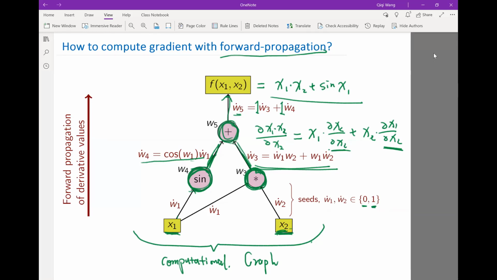If we want to differentiate with respect to x2, we have to seed the derivatives to 1 and 0, as opposed to 0 and 1, if we want to differentiate with respect to the first input, x1. So the whole computation has to repeat multiple times if we want to obtain derivatives with respect to multiple input parameters.